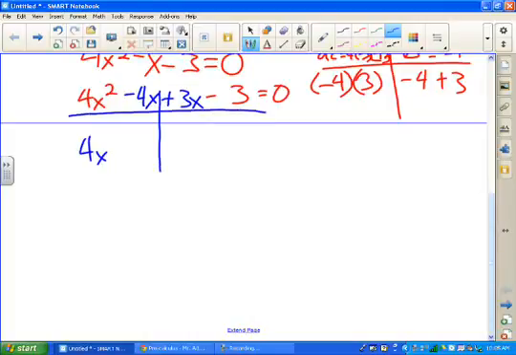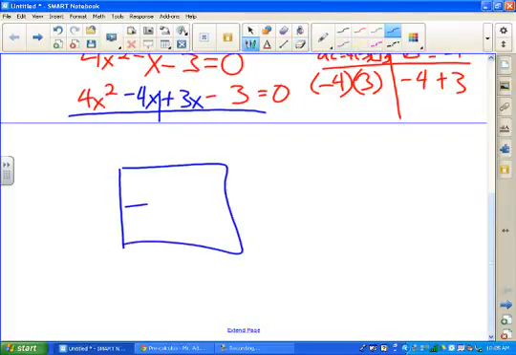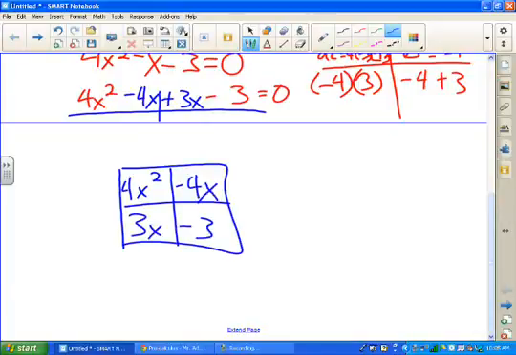Now, there's an old method, a T factoring method, but I like to use the grid method, which is a little easier. I'm going to replace my negative x with negative 4x plus 3x, and then write all four terms in the grid. If I factor out the greatest common factor from the columns and the rows, I should factor out the quadratic expression.